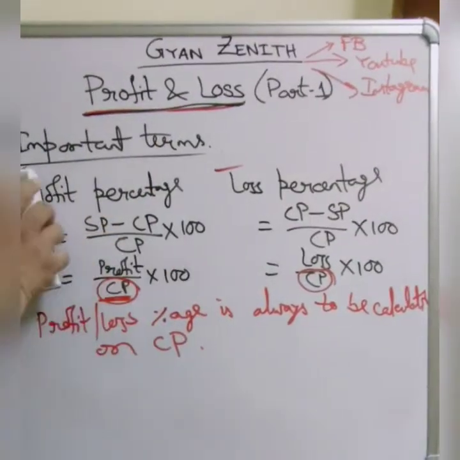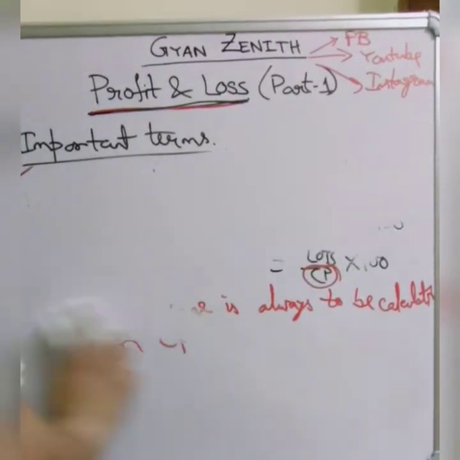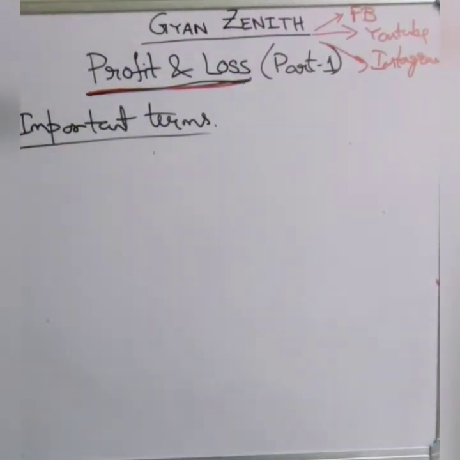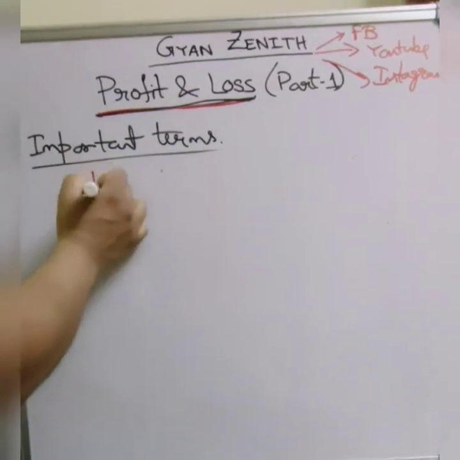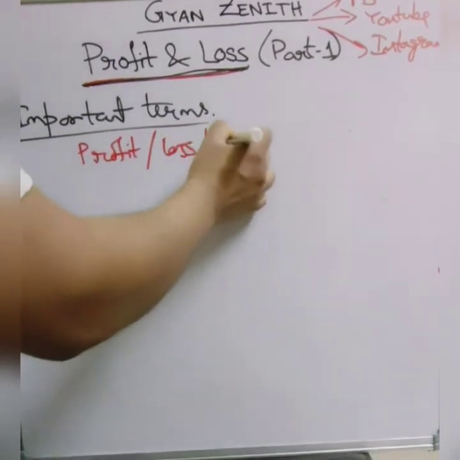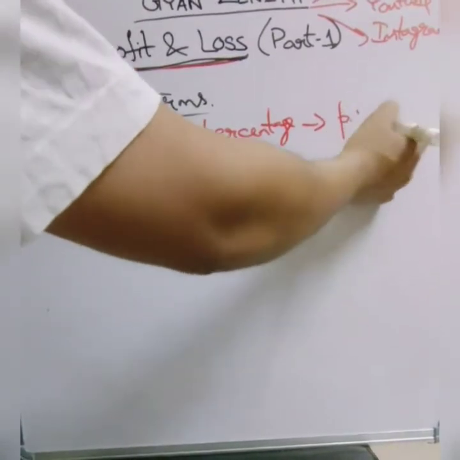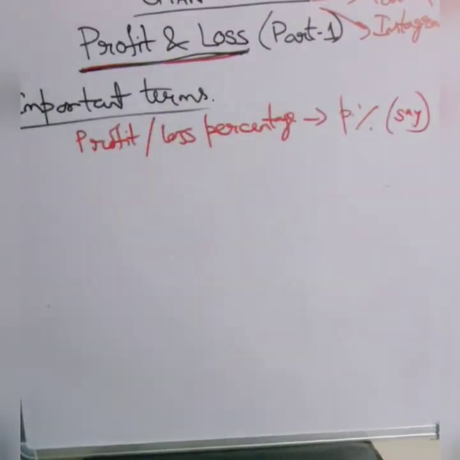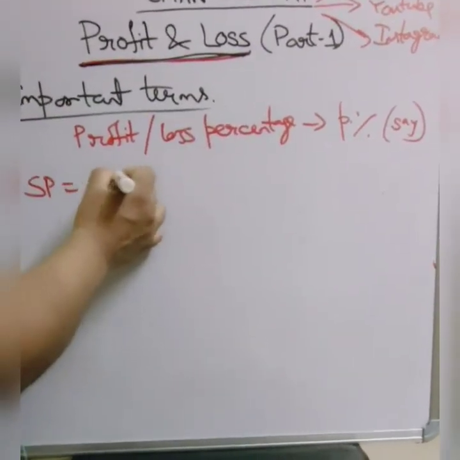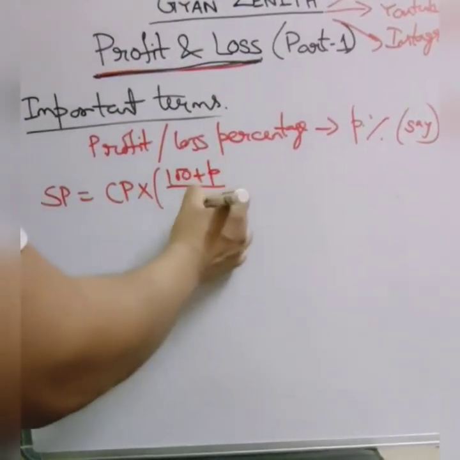Suppose profit or loss percentage is P%. Then SP equals CP into (100 plus P) by 100.